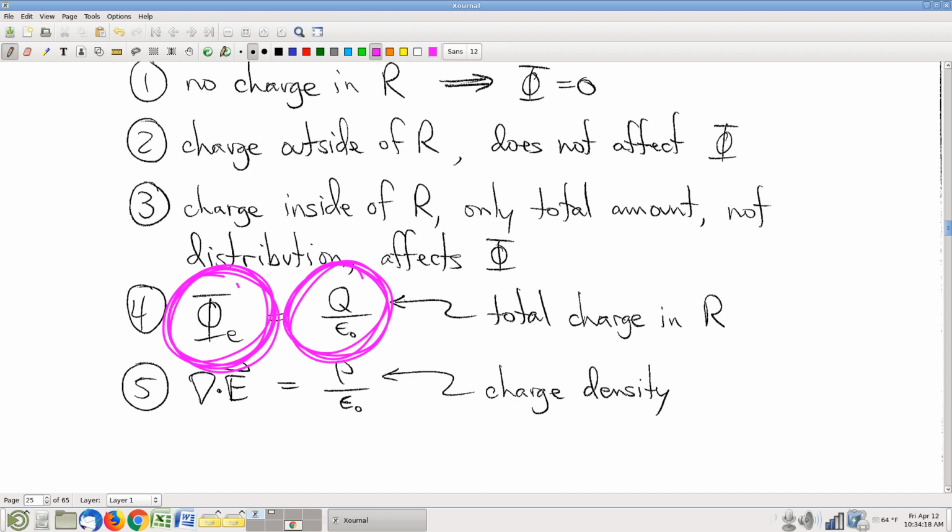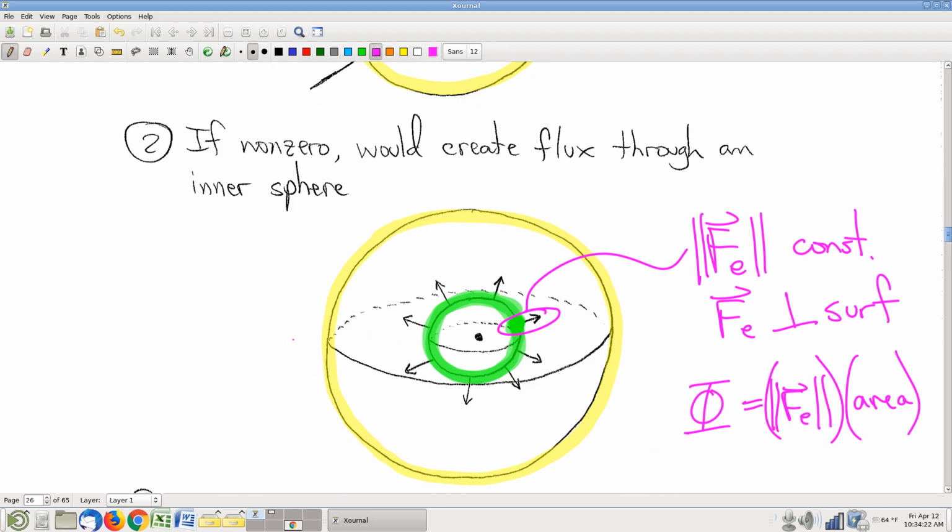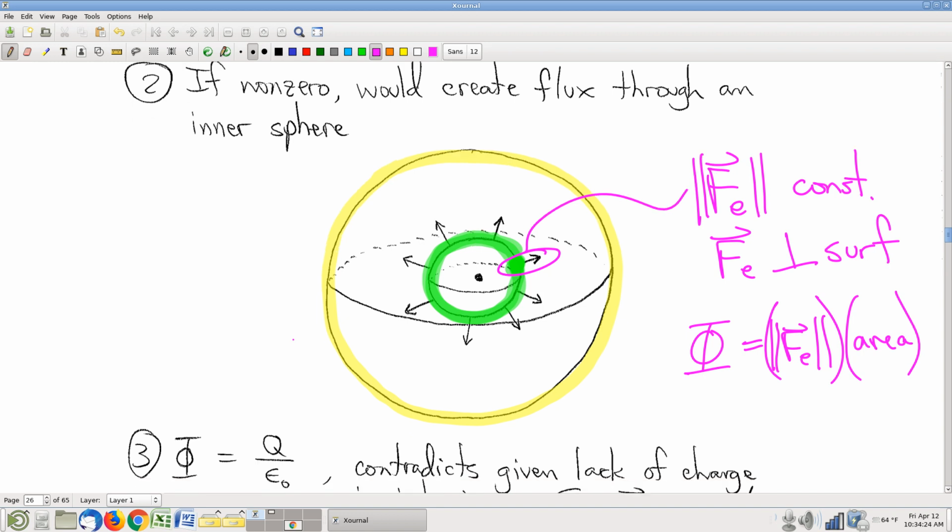Total enclosed charge. How much charge is there enclosed in this green sphere? The answer is none. There is no charge in there. All the charge, as we previously discussed, is out here. There is no charge on the inside. So if there's no charge, then there is no flux.